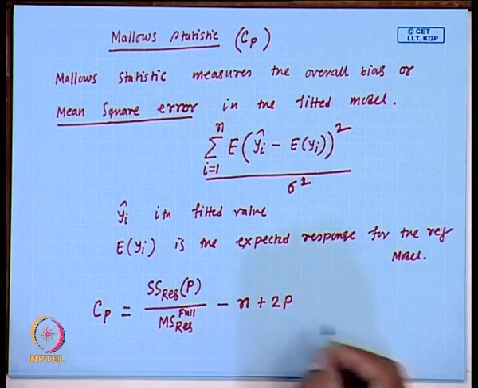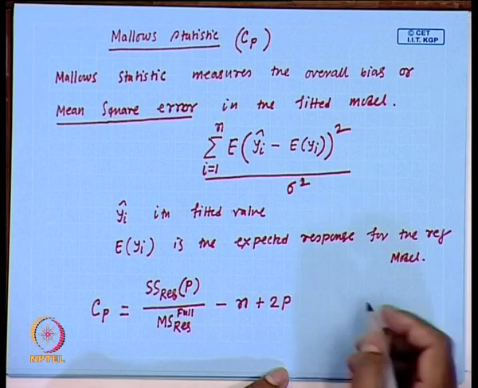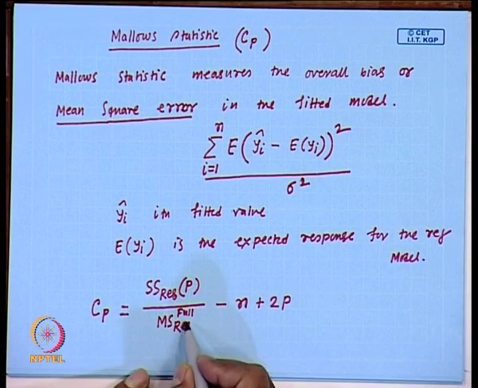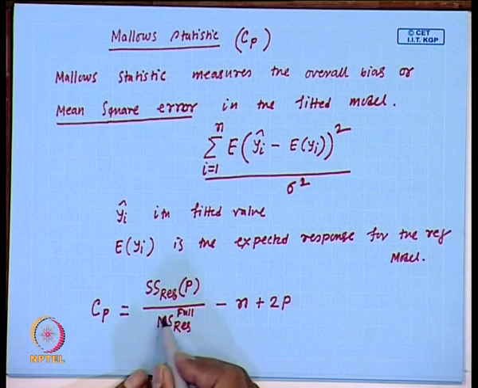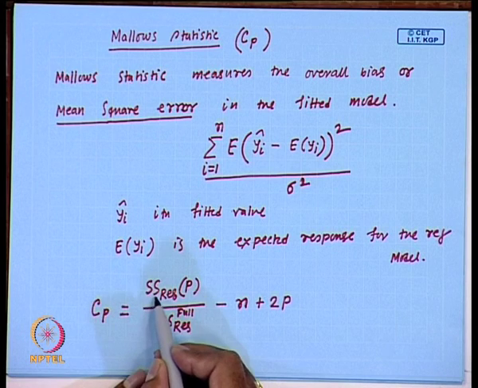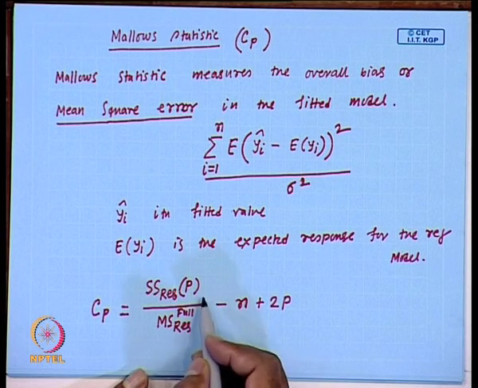Now, here we need to observe something. First, this MS residual is computed using all the regressors in the model, and SS residual p is computed for a model with only p minus 1 regressors.